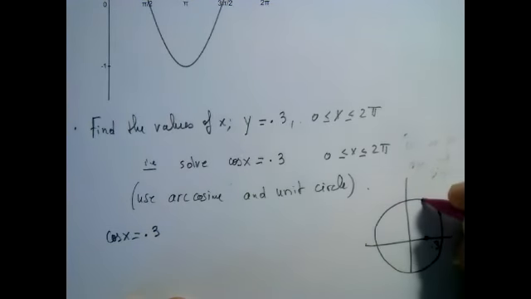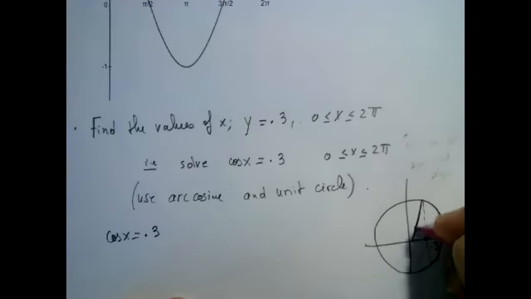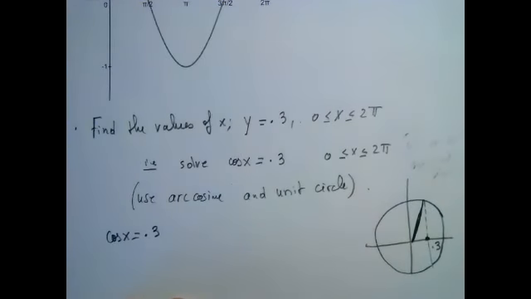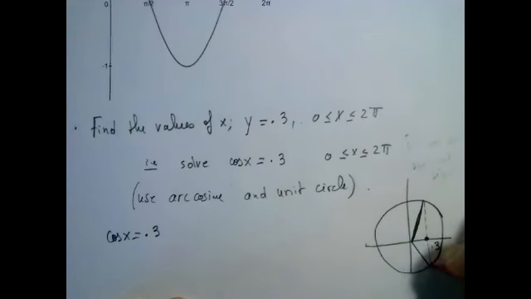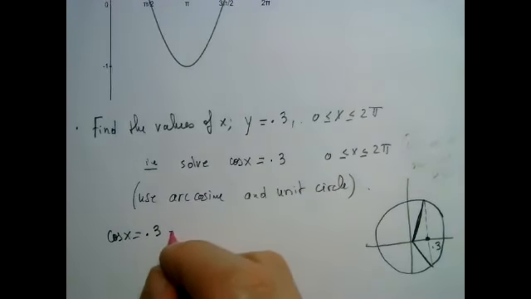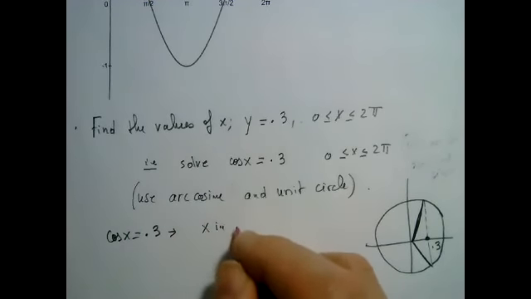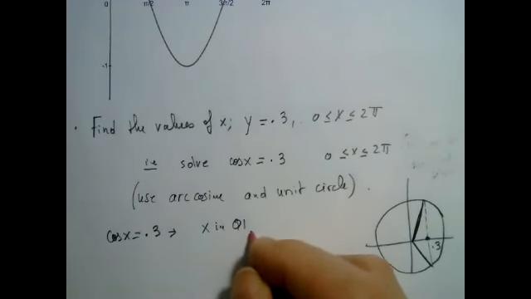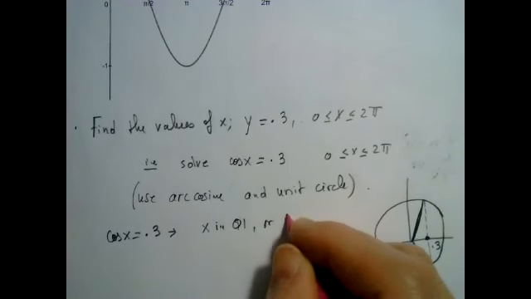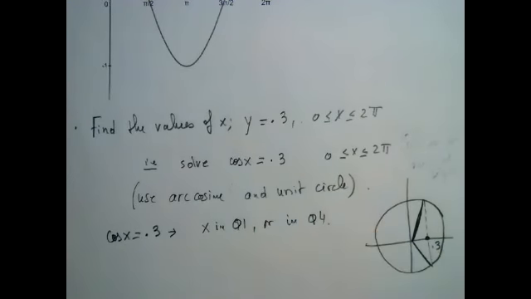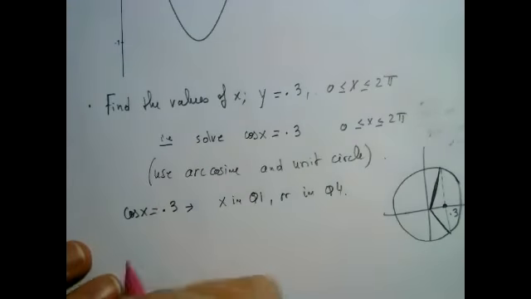So I'm finding the angle whose cosine is 0.3. There are two angles. There's this one, and there is this one. Okay. Now, so cosine x equal 0.3. It means x is in quadrant 1 or in quadrant 4. Okay. So let us solve it.